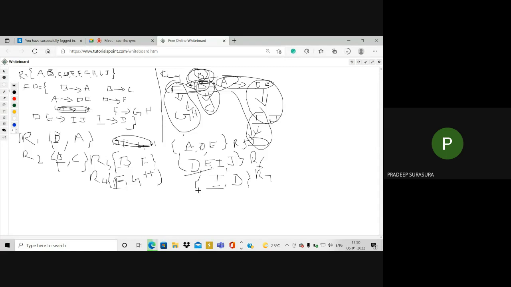The problem is: deduce key and normalize R to its highest normal form. They may even say decompose R to its highest normal form, or decompose R, or normalize R. Both are one and the same.